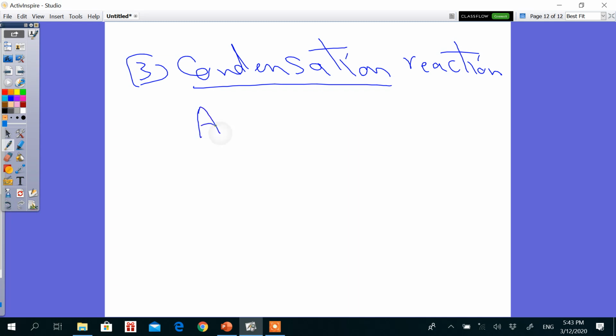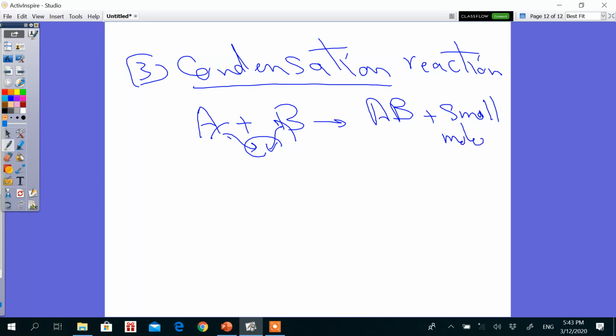I can add A to B to produce AB, but the addition needs to extract something, to break down something from A and B, a small molecule. It's called a small molecule or byproduct that comes out from AB.